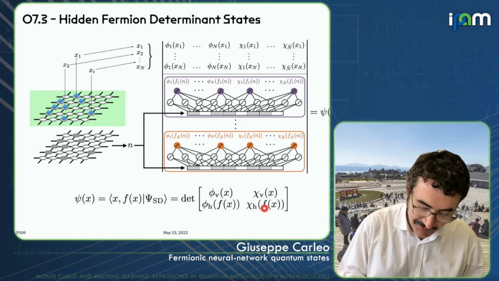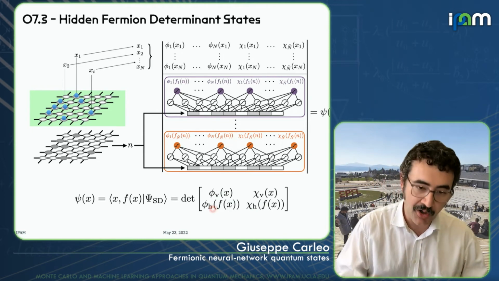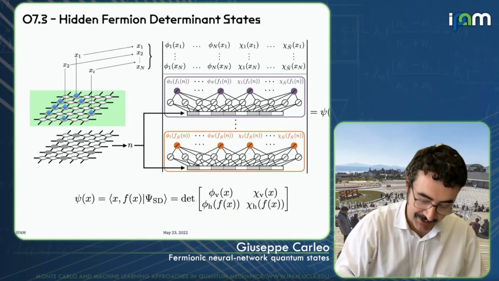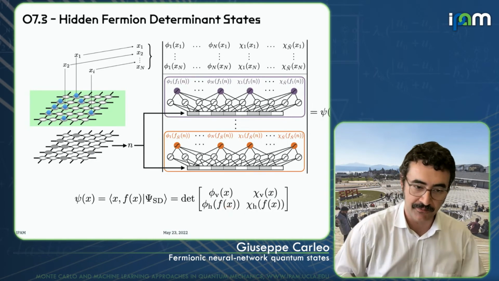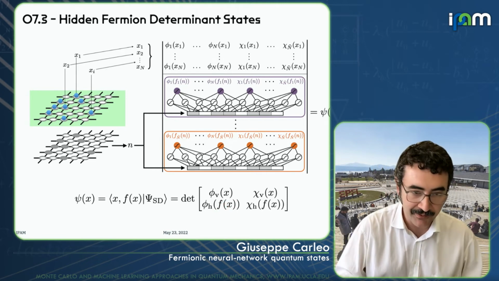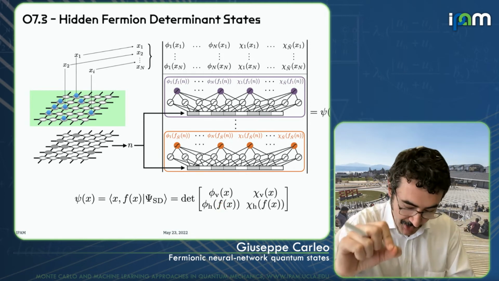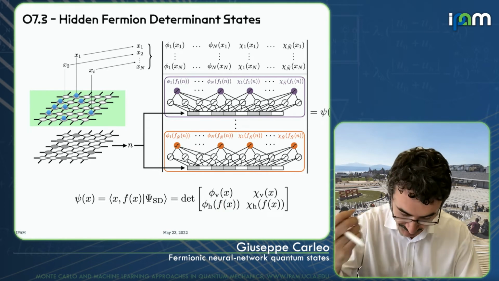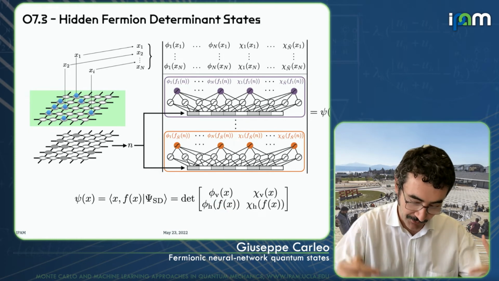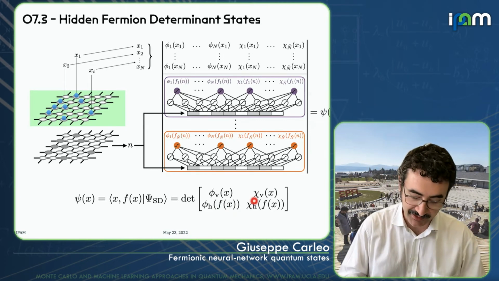But then you see that there are 2 extra blocks that correspond to the orbitals of my hidden fermions, which are evaluated on positions that are now a function of the visible positions. In other words, I have a mapping, this f, a generic function that maps the positions of the physical particles onto the positions of these extra orbitals that I'm introducing in the Slater determinant.